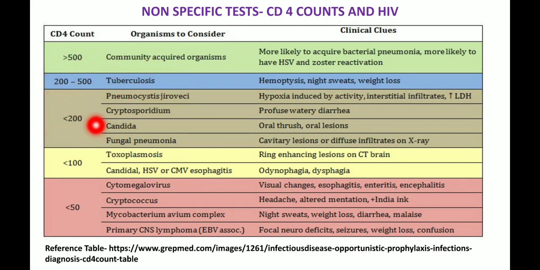Less than 200, it is Cryptosporidium, candida, fungal pneumonitis, Pneumocystis jirovecii. Less than 100, you have the infections like toxoplasmosis, candida, herpes simplex or cytomegalovirus. And less than 50, again it is cytomegalovirus, cryptococcus, Mycobacterium avium, and primary CNS lymphoma.